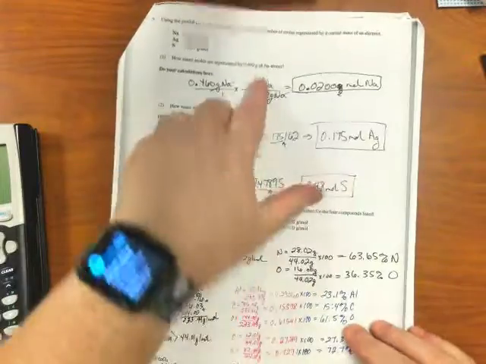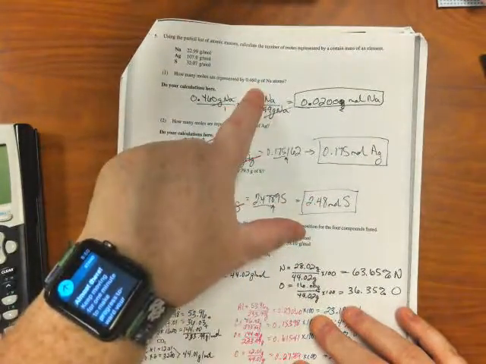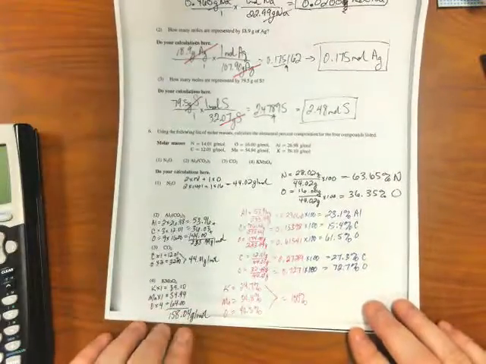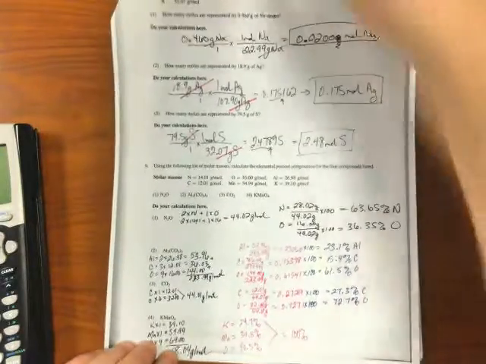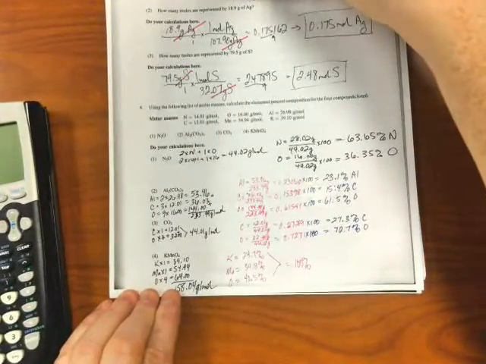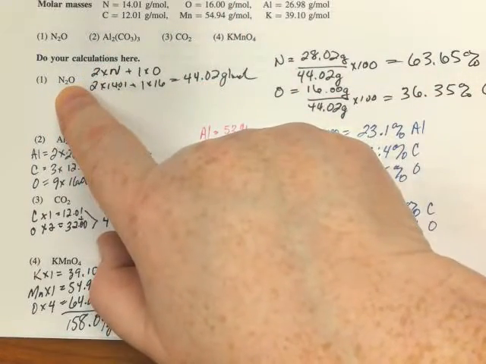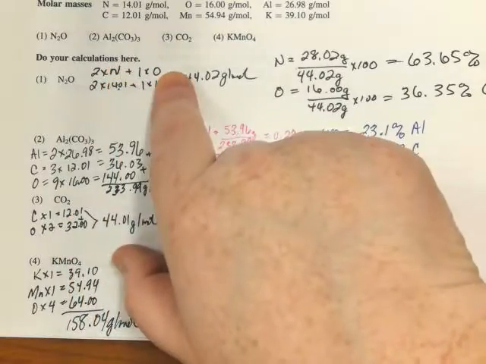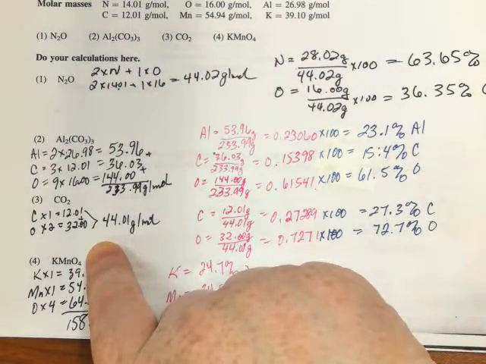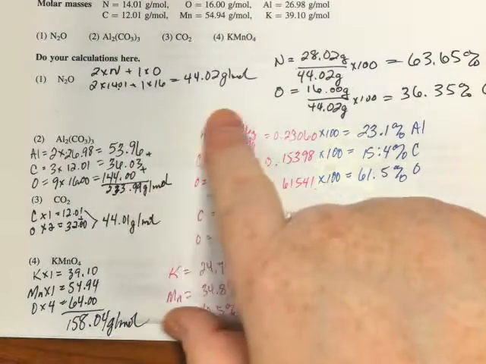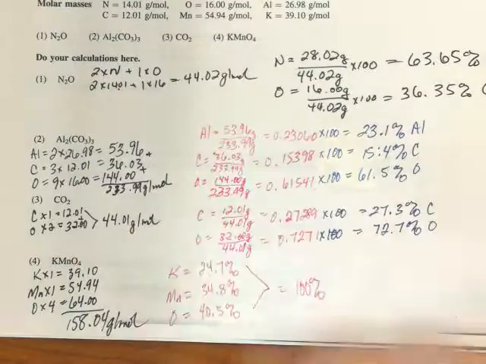Then on the next page, we did some compound or some individual elements, converting them from mass into moles, which is similar to what we did on the previous page. Then we talked about percent composition. So let me zoom this in a little bit so you can see the math a little bit better, where we take the number of elements in the compound, we multiply it to get the amount of how much we have, and get the molar mass of the entire compound.